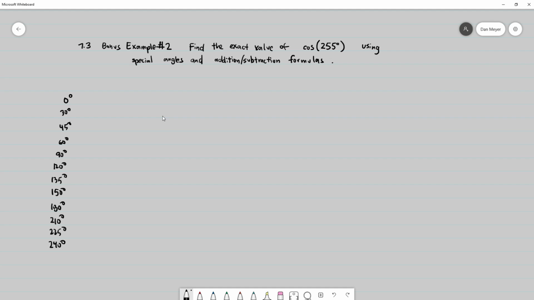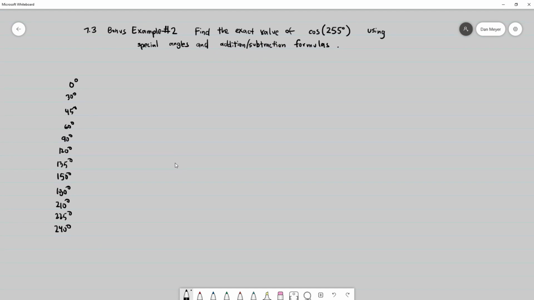We're getting up there. Let's see. Oh, we can write it as 225. Okay, I see. 255 degrees is 225 plus 30. Okay, that's one way to go.